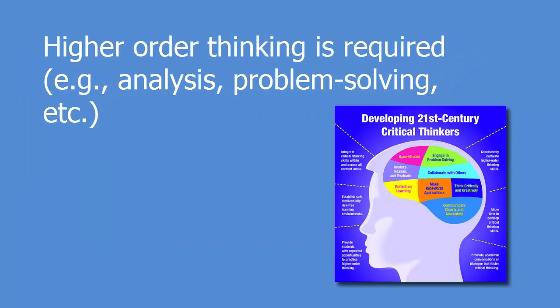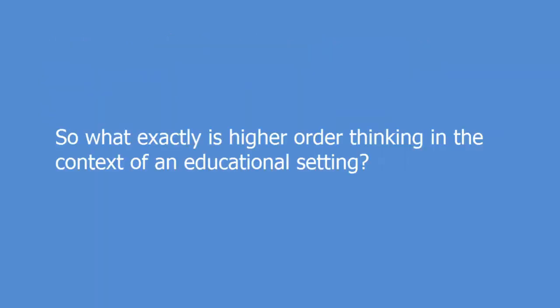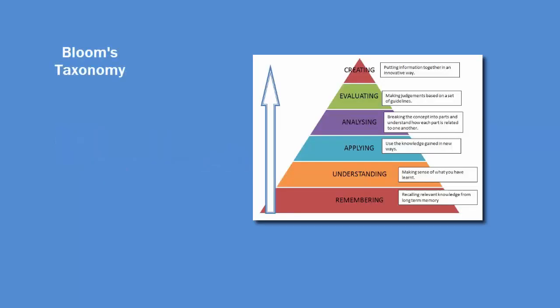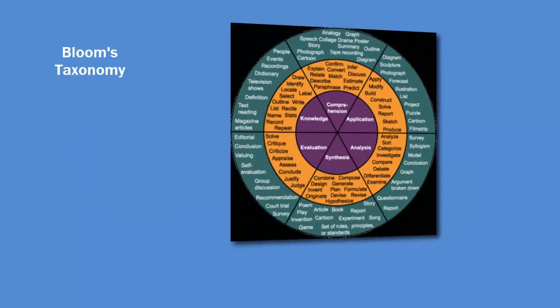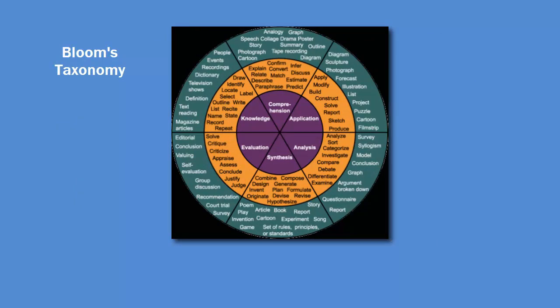Okay, on to the second point in the rubric. Higher order thinking is required. That is, analysis, problem solving, etc. So what exactly is higher order thinking in the context of an educational setting? Most of us have seen or used Bloom's taxonomy.